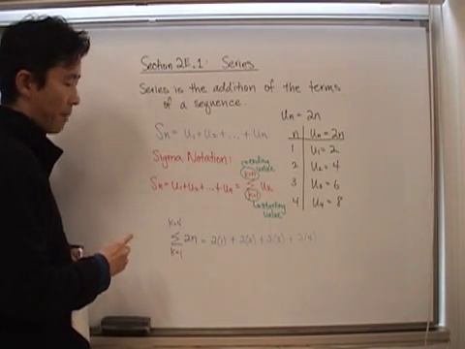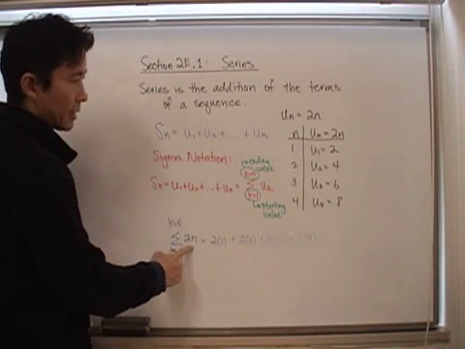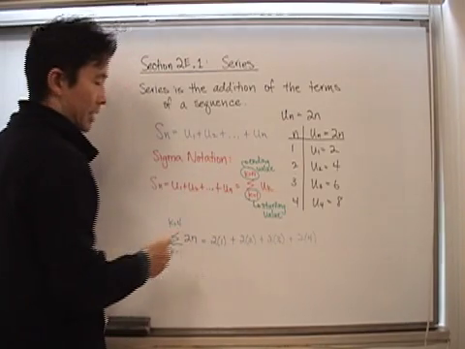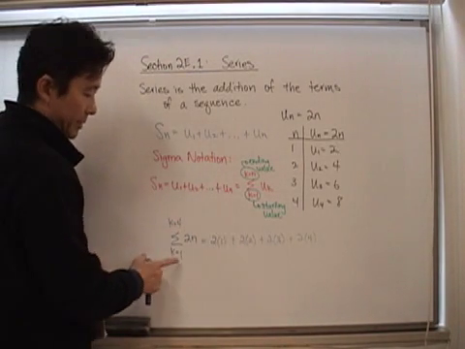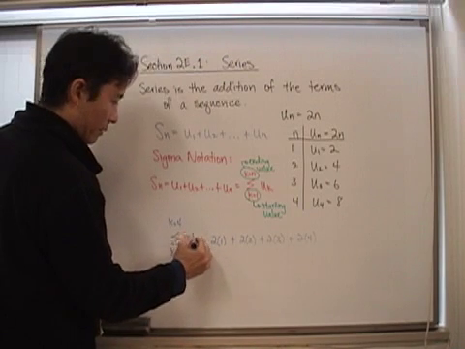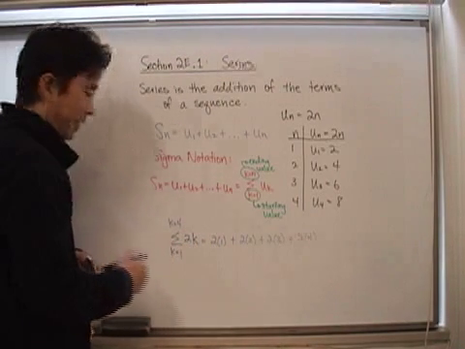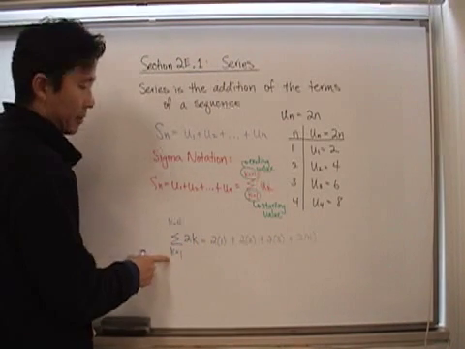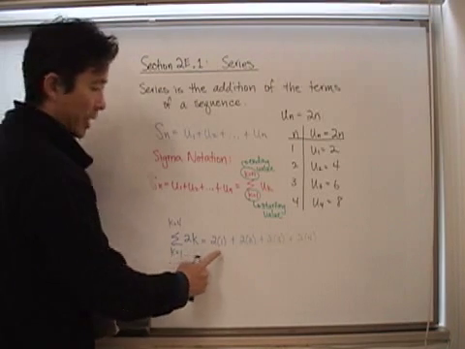So notice that I'm using this, which is our representation for the sequence, and I'm substituting in the values for k using only the integer values and adding those up.